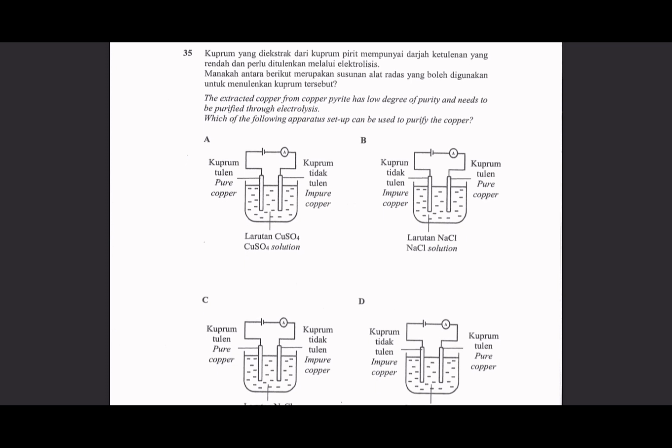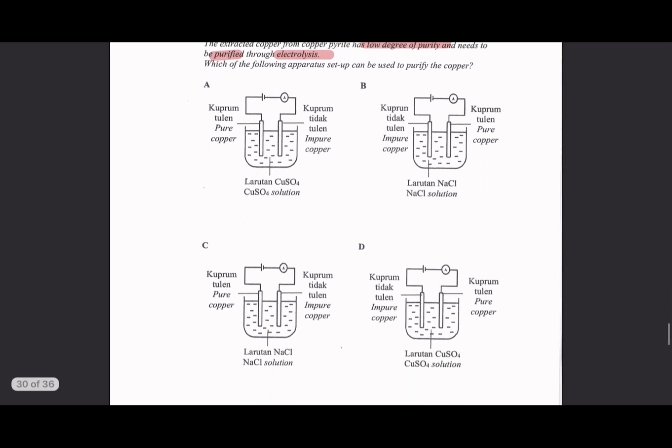Question 35. The copper extracted from copper pyrite has a low degree of purity and needs to be purified through electrolysis. So it's a purification of metal through electrolysis. Which of the following apparatus can be used to purify the copper? The diagrams A, B, C, D, which one is correct?